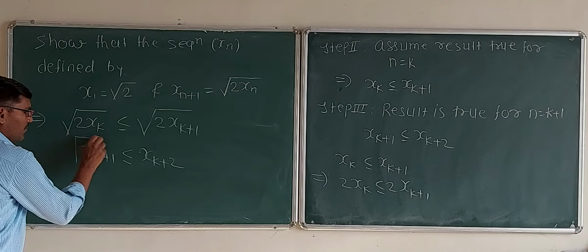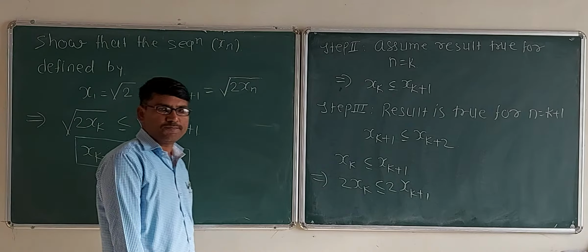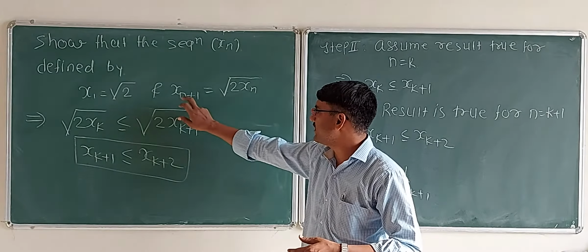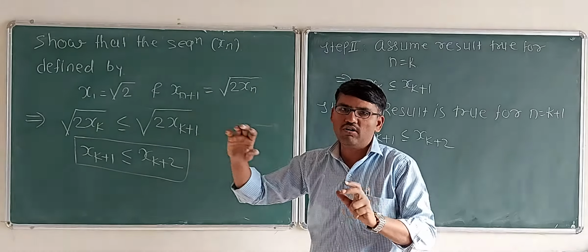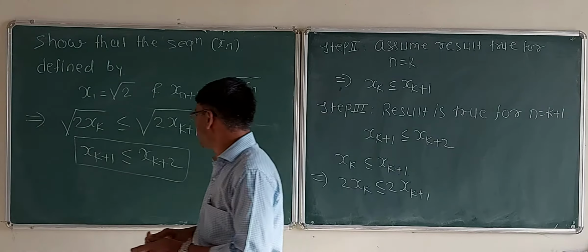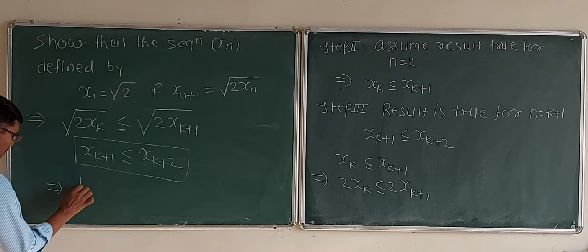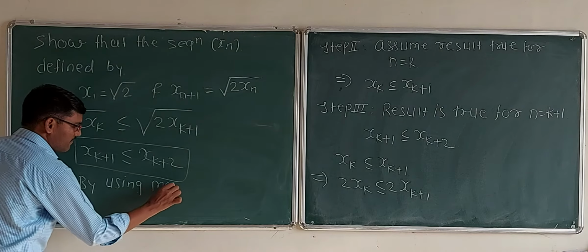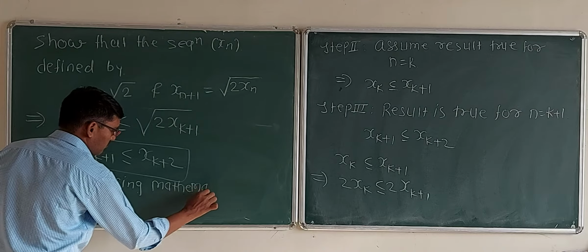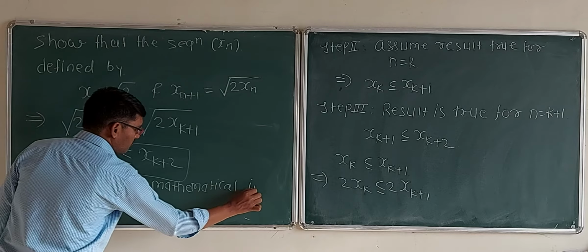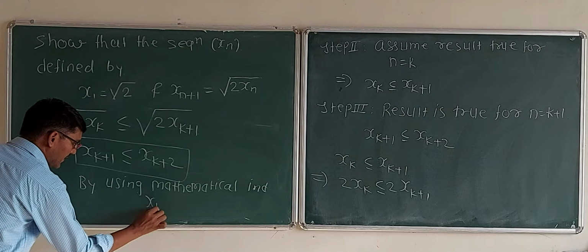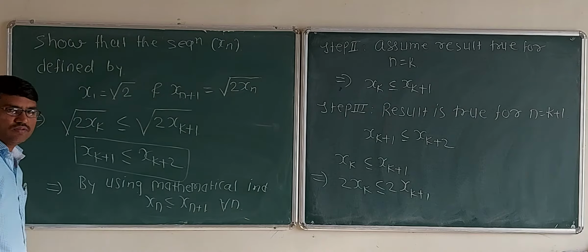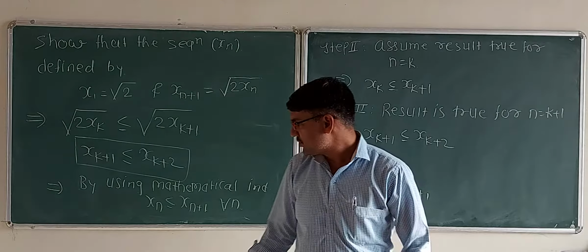And therefore, by using the first principle of mathematical induction, we can conclude that this statement is true for all n, so it is monotonically increasing. By mathematical induction, we can write xn is less than or equal to xn plus 1 for every n belonging to natural numbers.